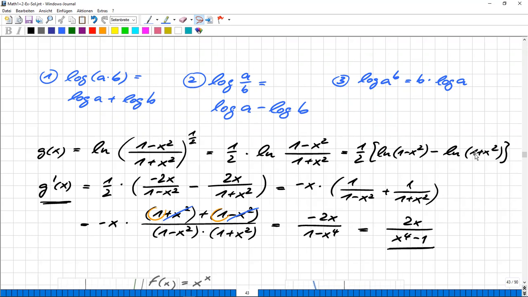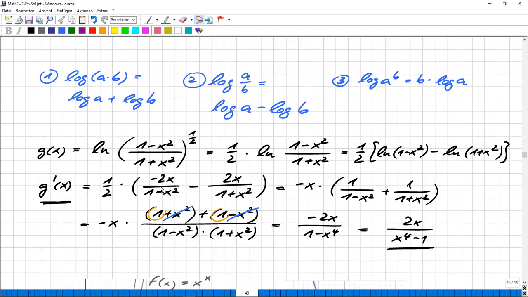And that's a nice expression to start with in order to find the first derivative. Let's do so. Well, I leave this factor of 1/2 alone, it stays there. I take the outer derivative of the natural logarithm of its argument, which is always the reciprocal of the argument, right? So I get 1 over 1 minus x squared.